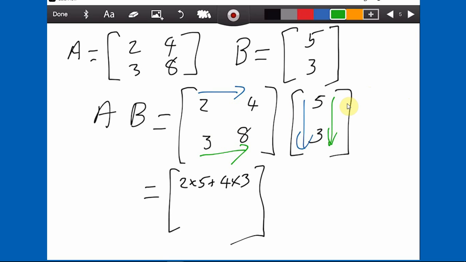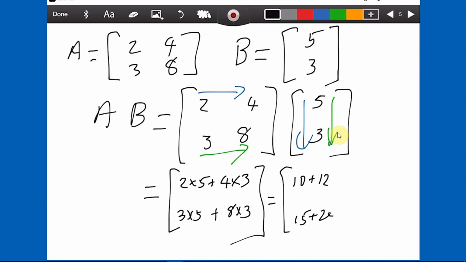So 3 times 5 plus 8 times 3. So that's 10 plus 12, 15 plus 3 8's is 24, and so you get 22 and 39.